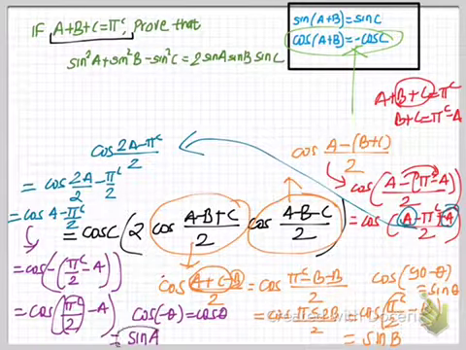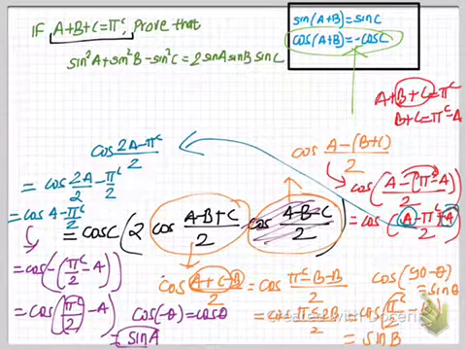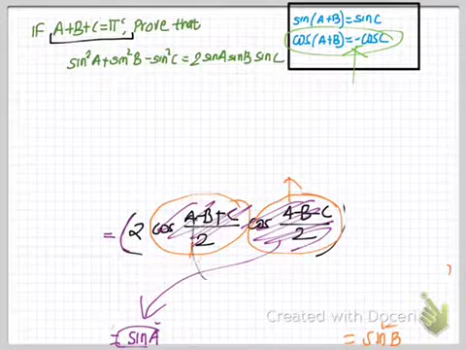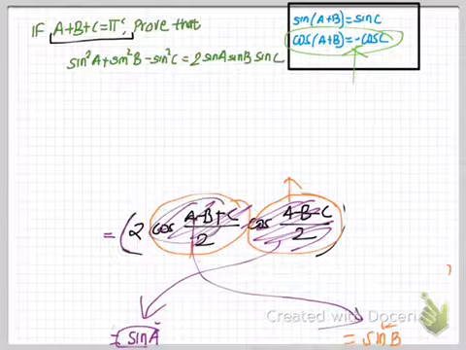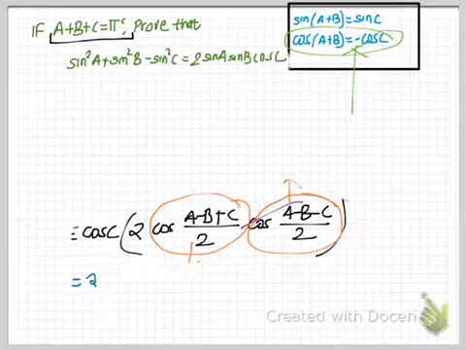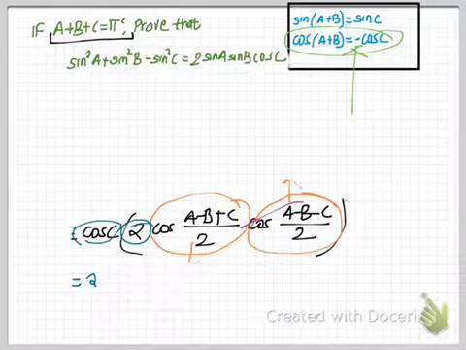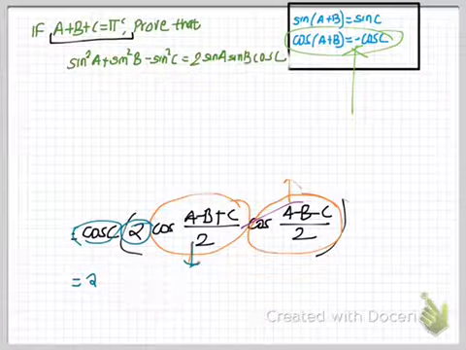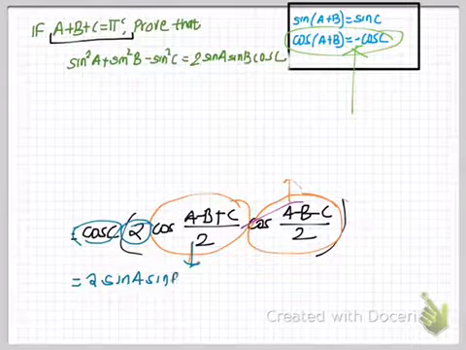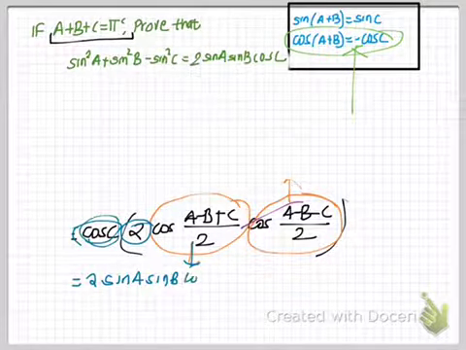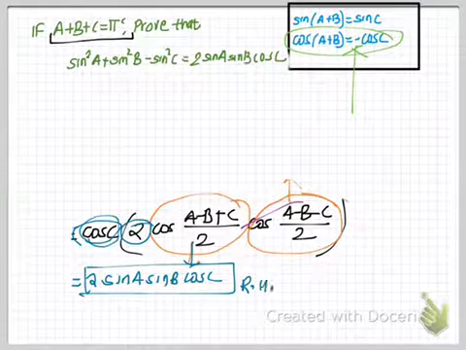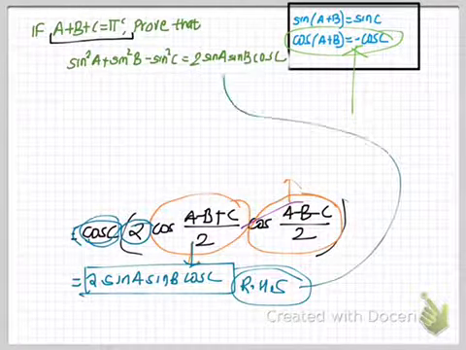So I can write sine a for this expression, and I can write sine b for this expression. So finally I can write 2 from here, and then for this I can write sine a, I have sine b, and finally here is our cos c, and this is our expression on the right hand side of the equation. This is what we have to solve.